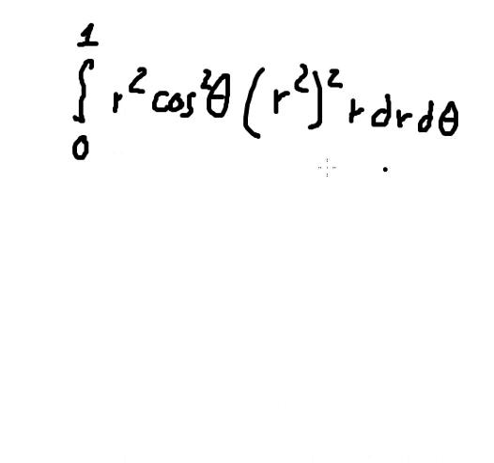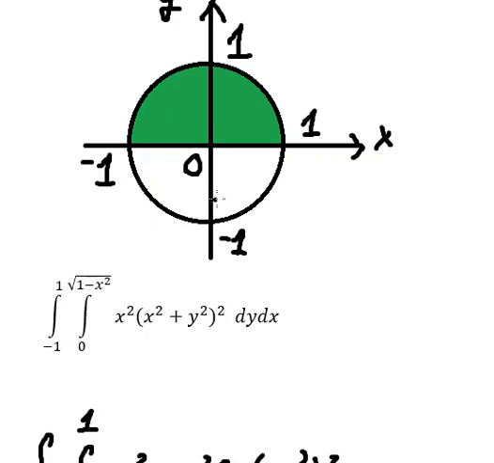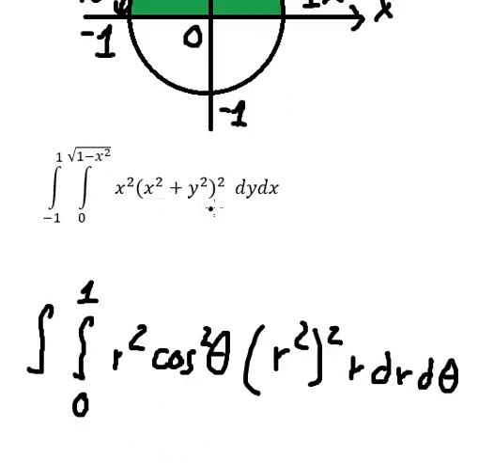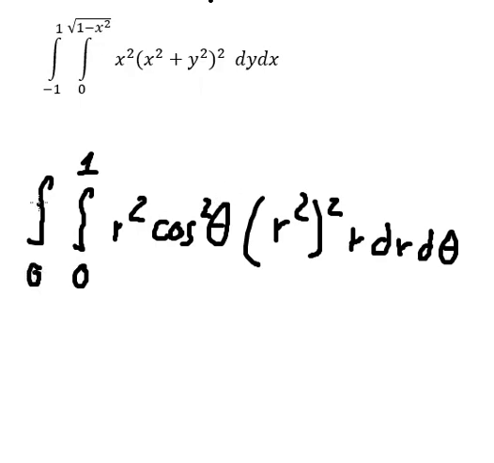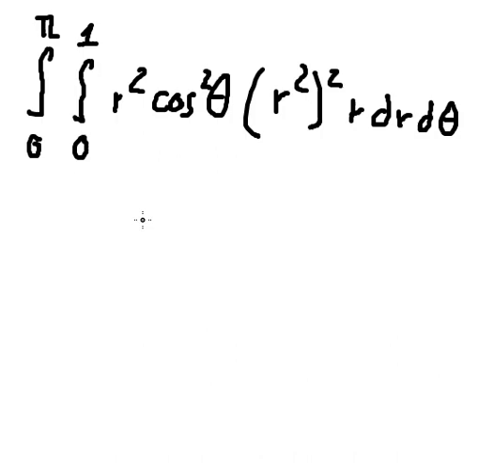About theta, it starts here and stops in this location, and that is b. So that should be from 0 to b. And now we need to calculate this one.